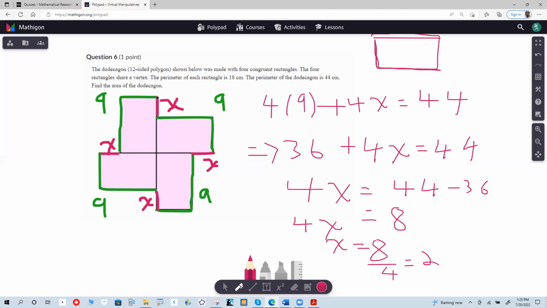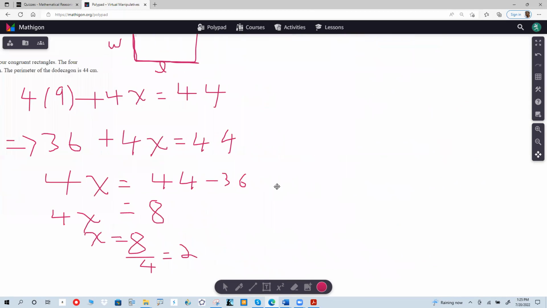If this little difference is 2, you can set up another equation, call this W, call this L. And remember, the difference between L and W is 2. So let me see if I can move this way. Actually, I'm going to bring this back. So I'm going to draw my pink rectangle as follows.